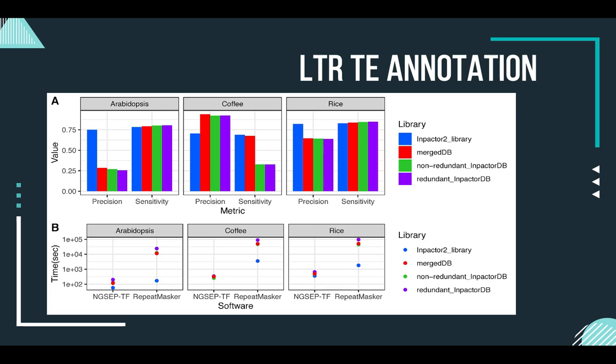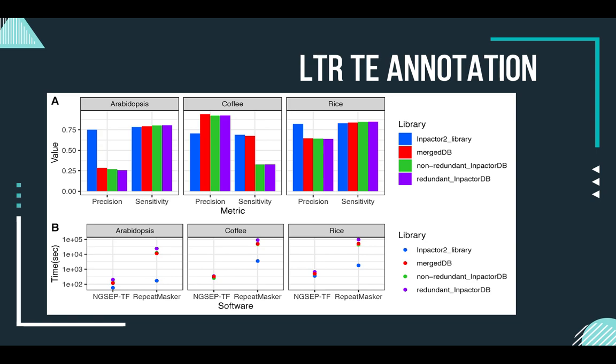So we use this algorithm to annotate LTR retro elements, and we compare them against the results of RepeatMasker because we don't have a gold standard. So here we are assuming RepeatMasker is the gold standard. Using that, we identify LTR retro elements using a de novo software called Impactor 2 for each of the plants that we were analyzing, that are Arabidopsis, coffee, and rice.